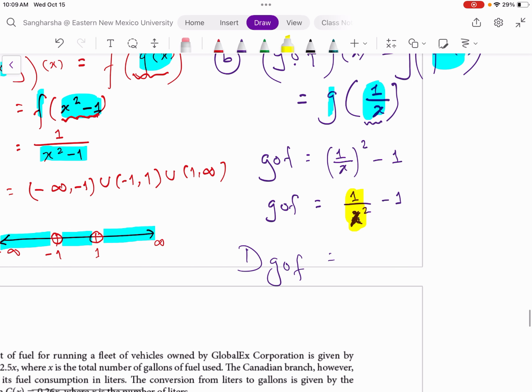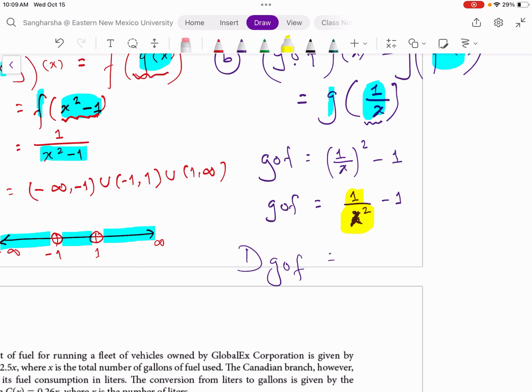Now in order to find the domain for this function, we find a number that makes the denominator equal to 0. For what X value do we have our denominator 0 here? Can you think of a number that makes X square equal to 0?